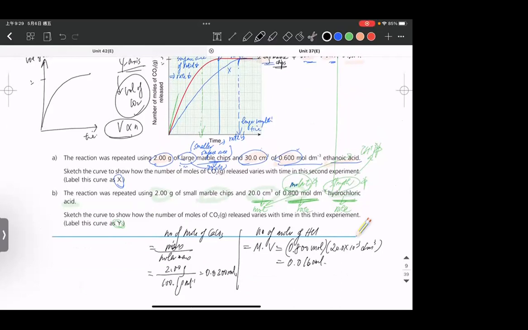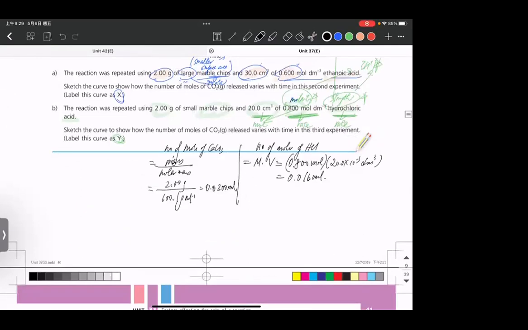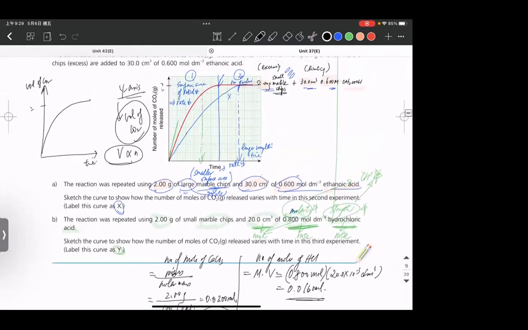Calcium carbonate is in excess. Still in excess. So which means that the number of moles of HCl will limit the formation of CO2. Can you get my point? So that's why we need to go back to this.